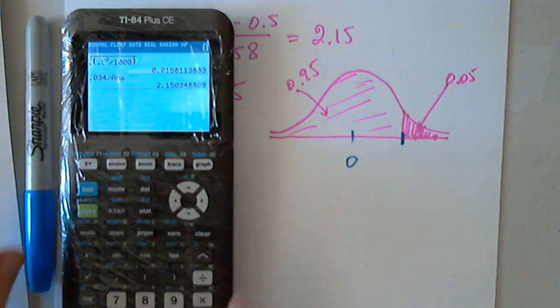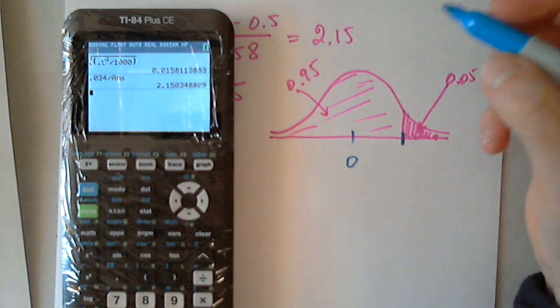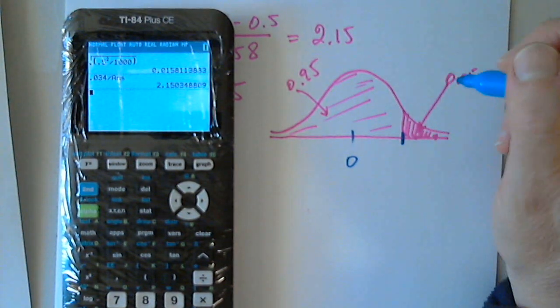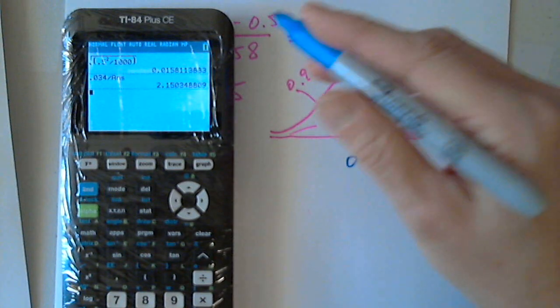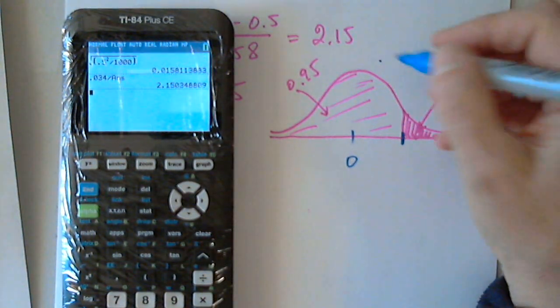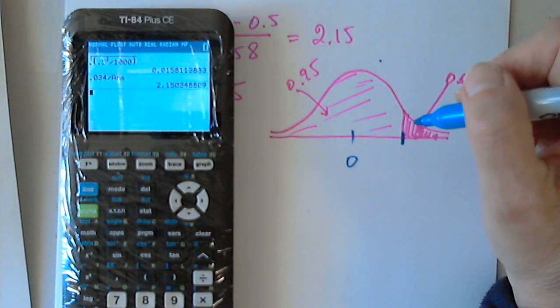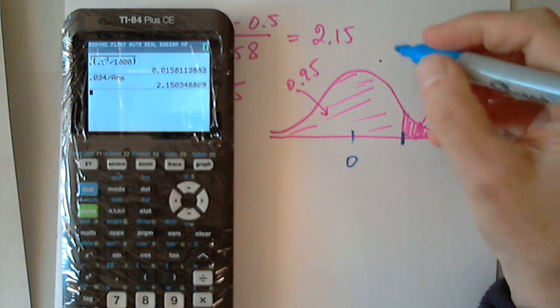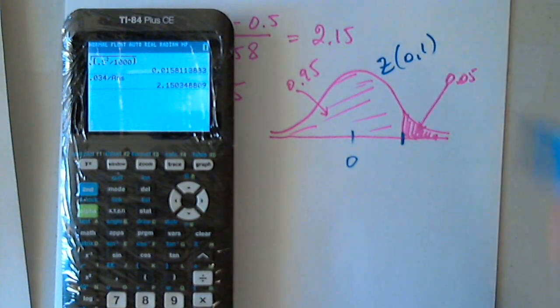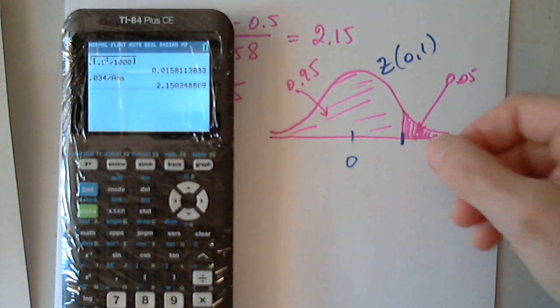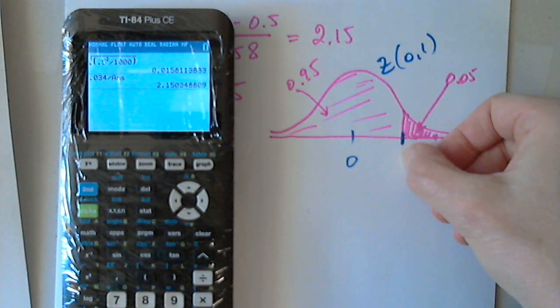Okay, so I know that this distribution of z statistic is 0, 1. And I would like to determine this number here.